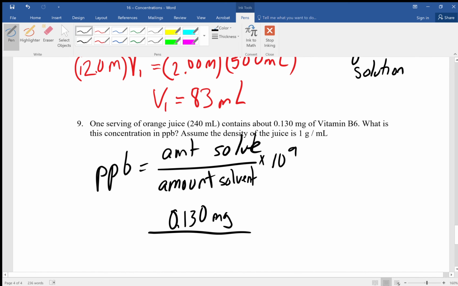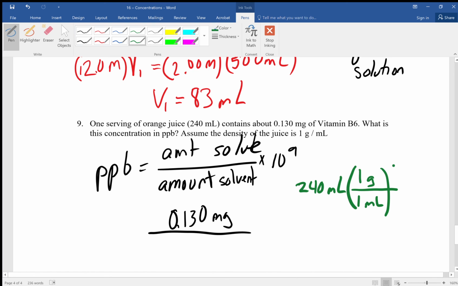But we need the amount of the solvent, or of the juice, in milligrams also. So we can take our 240 milliliters and convert that to grams, because we said assume the density is 1 gram per 1 milliliter.